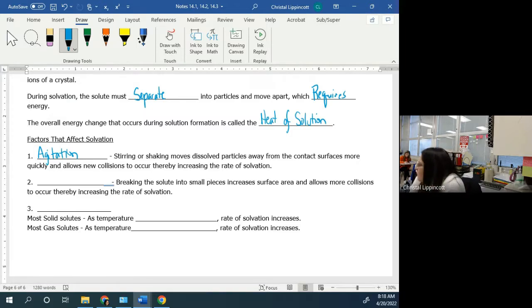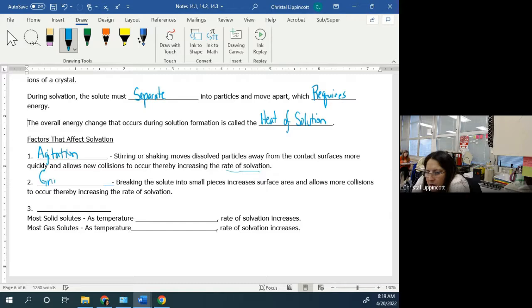The thing in your washing machine that moves back and forth is called an agitator, because it's mixing your clothes with the detergent and the water, and hopefully knocking some dirt off in the process. So what that does is allow these surfaces to make contact and make new collisions and increase that rate of solvation, okay?